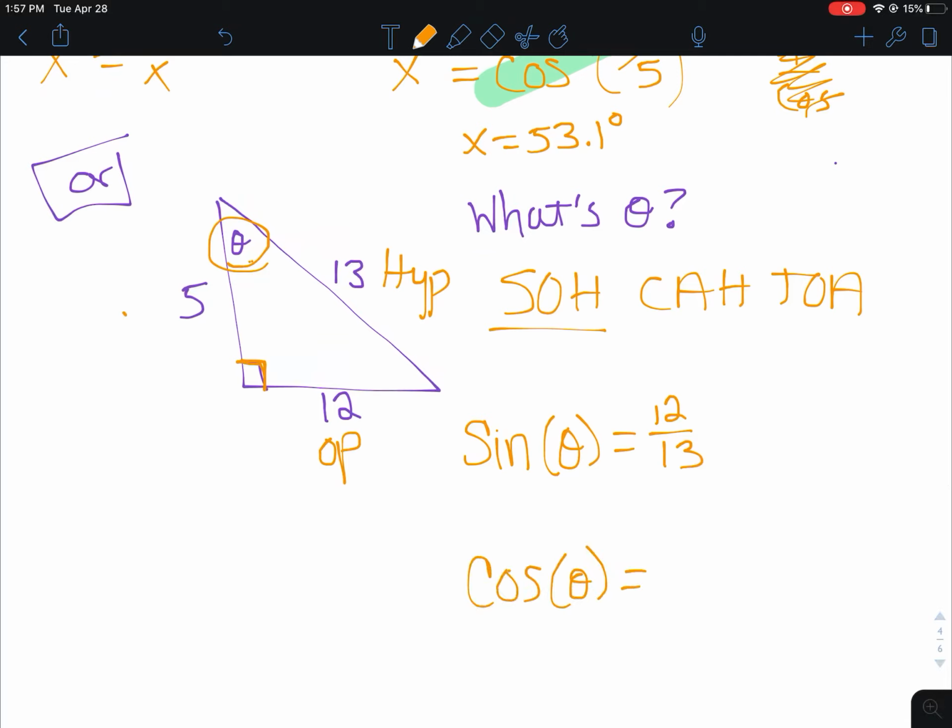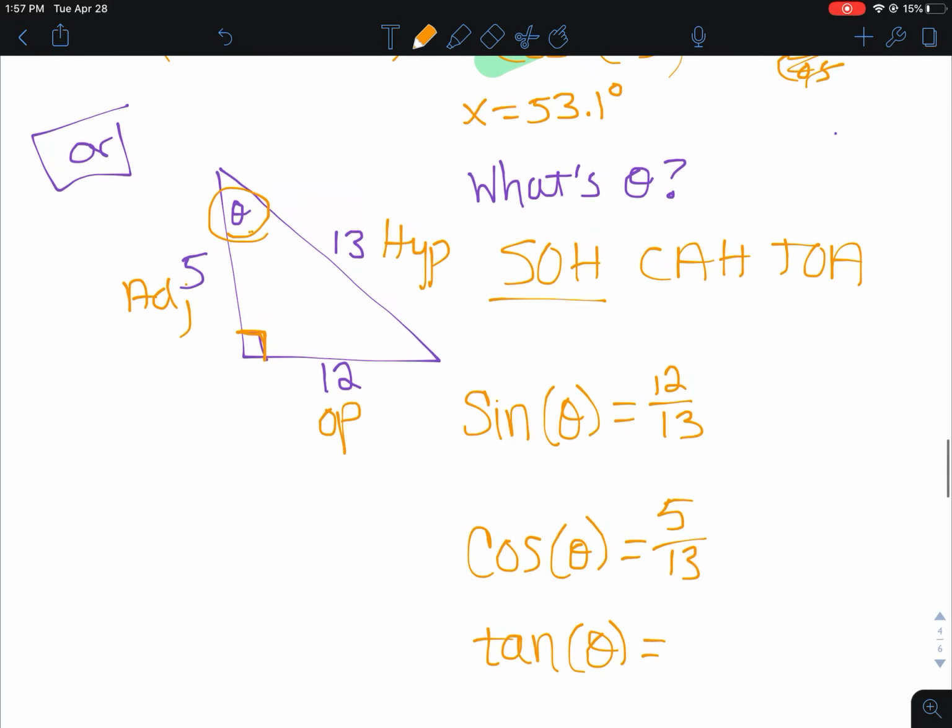We could do the cosine of theta. That's adjacent over hypotenuse, so that would be 5/13. Or we could do the tangent of theta, which is opposite over adjacent, so 12/5. When you solve for one of these angles, you only have to pick one of these. You don't have to do all 3. They're all going to give you the same answer.